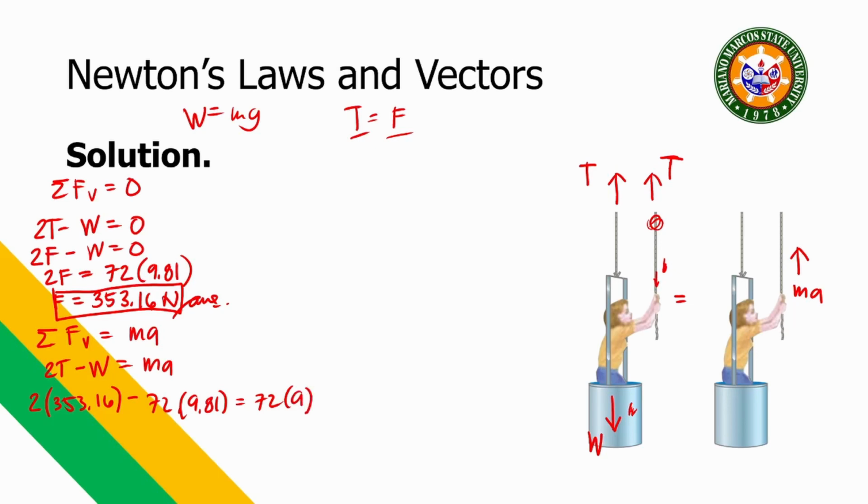If we solve for the acceleration using a calculator, the acceleration will be positive 1.47 meters per second squared. So, the acceleration we get is positive, meaning our acceleration is upwards, so upwards is correct. Our assumption that upwards is positive is right. So, this is our answer.